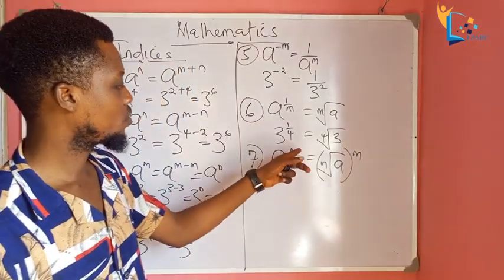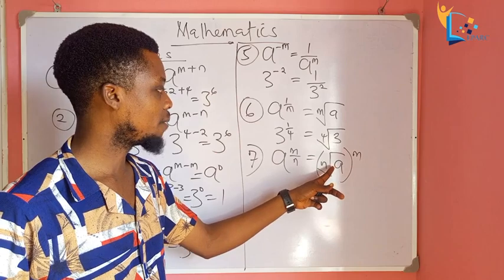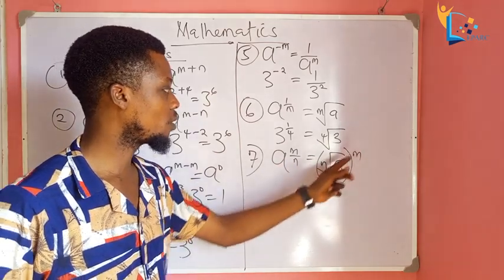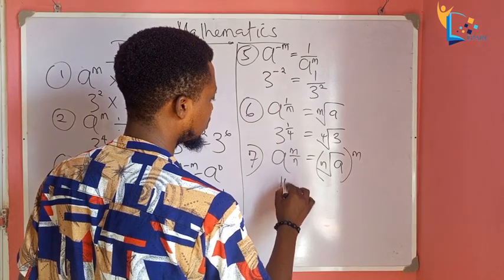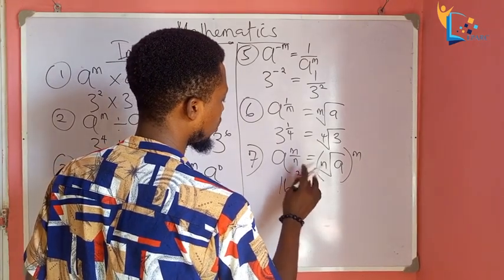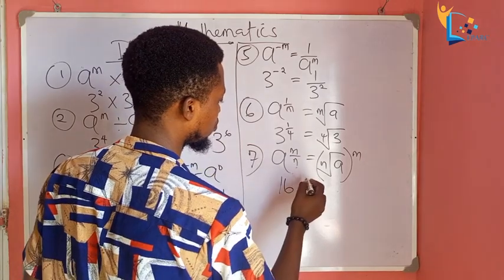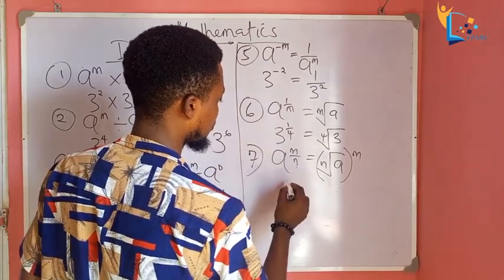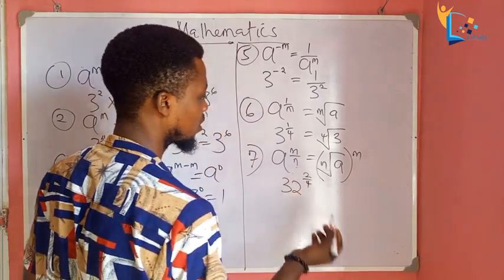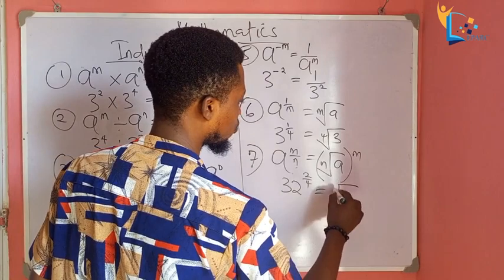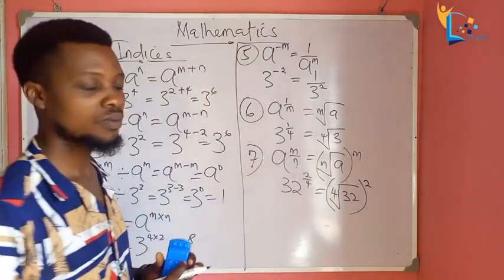For example, let's have 32 raised to the power of 2 over 4. It's the same thing as saying open bracket the fourth root of 32 close bracket raised to the power of 2, okay.